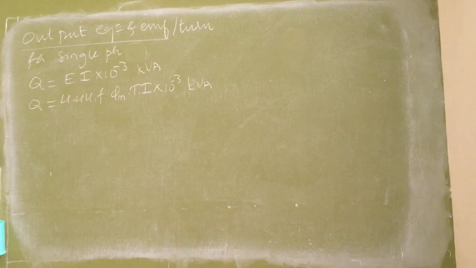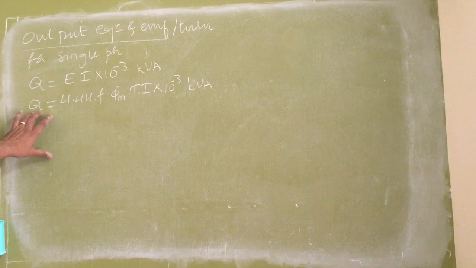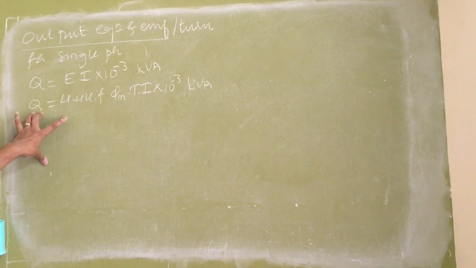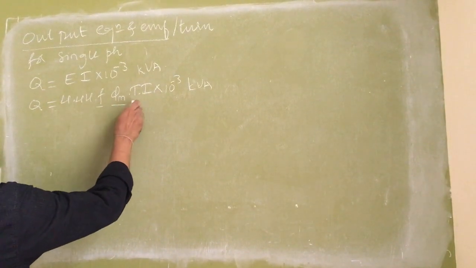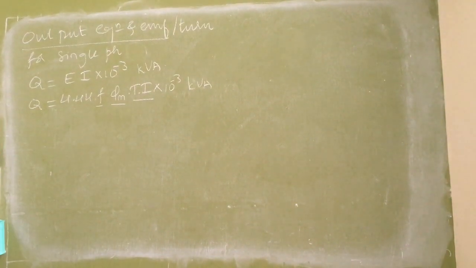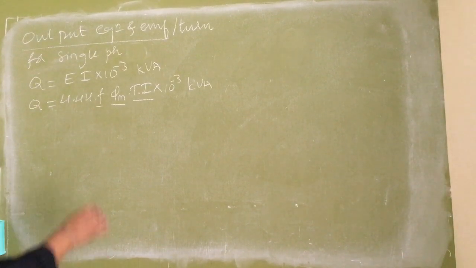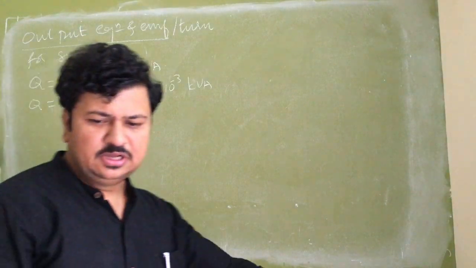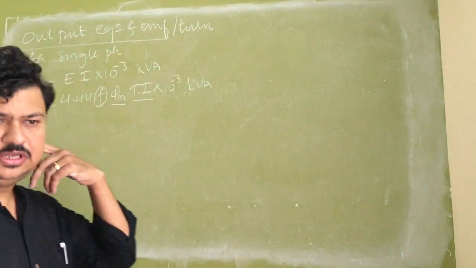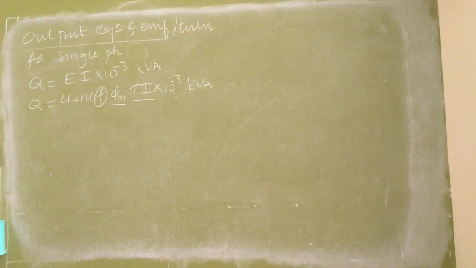So here, when I see the output Q, it depends on three factors: the frequency, the flux, and the ampere turns. The frequency is a specification for the design, because frequency is always a constant for any supply system.